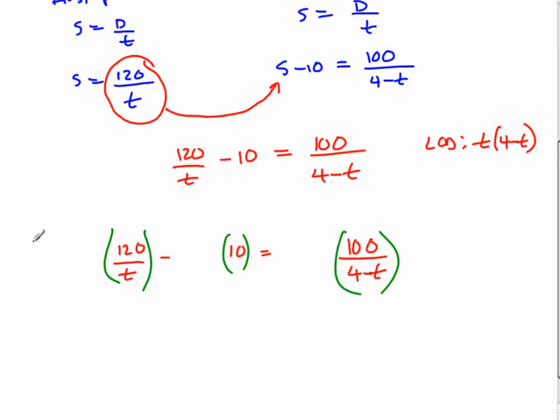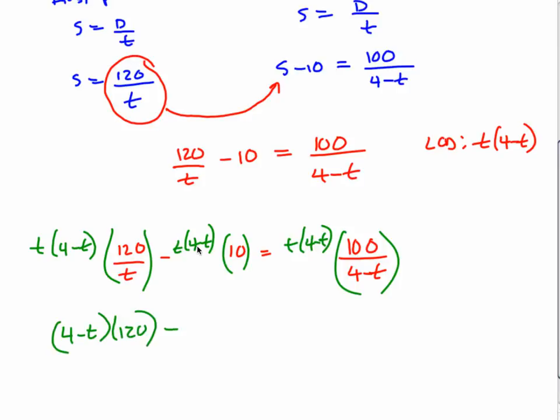Here the t's, a factor of 1, cancel out. So at the top there I just have 4 minus t times 120.